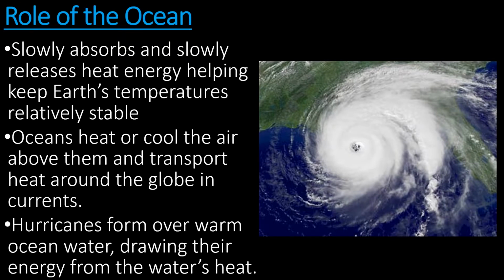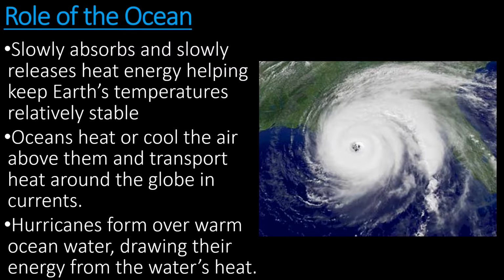So how does the ocean factor in to circulation? Well, it actually has a role in this. Now, if you remember on the last lesson, we discussed land breezes and sea breezes, and how the ocean absorbs and releases heat at a much slower pace than the air over land does.